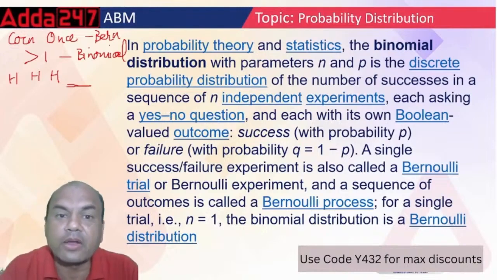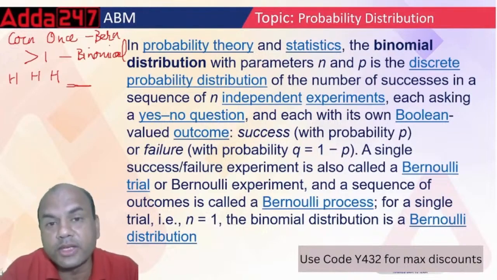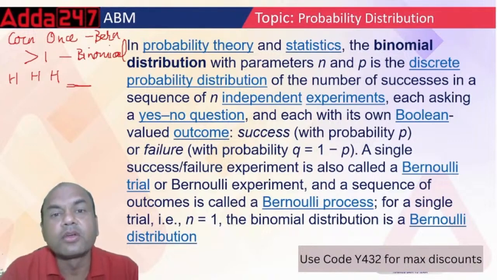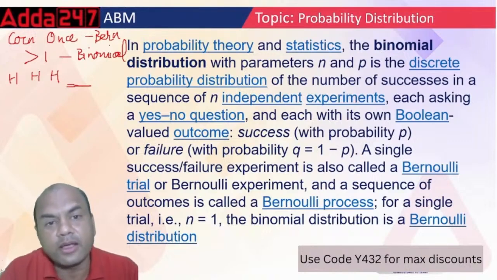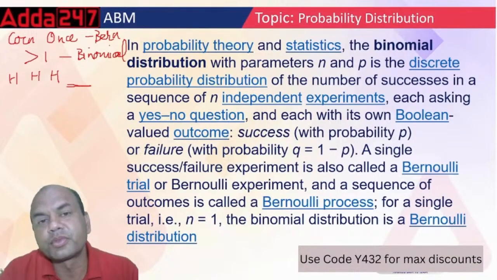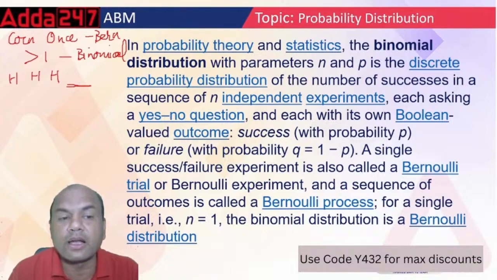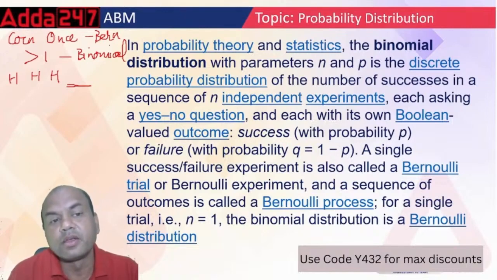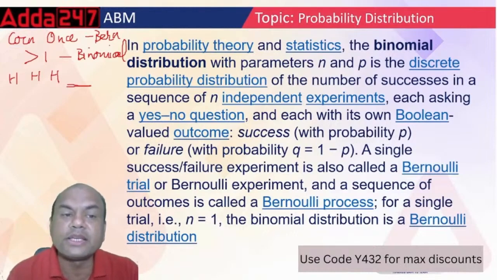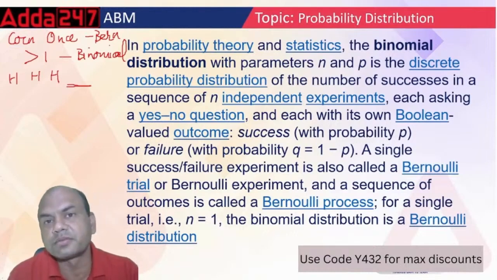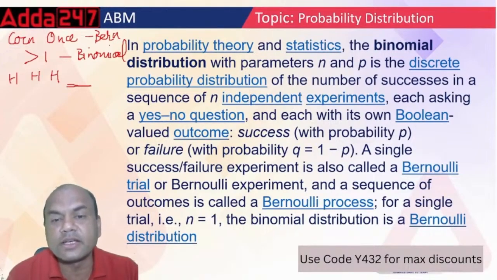Just type yes or no. You can't guarantee me. Why? Because each trial is independent. Suppose I get head 2 times, I can't guarantee that the third time, fourth time, or fifth time I'll get a head. So that's why binomial means each time it's a Bernoulli experiment, and each trial is independent.